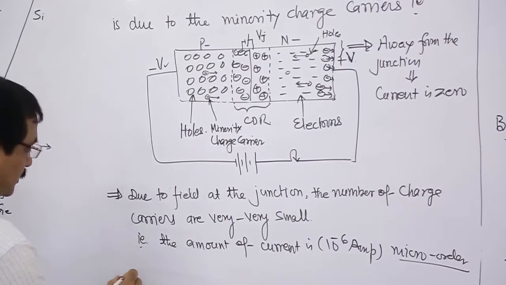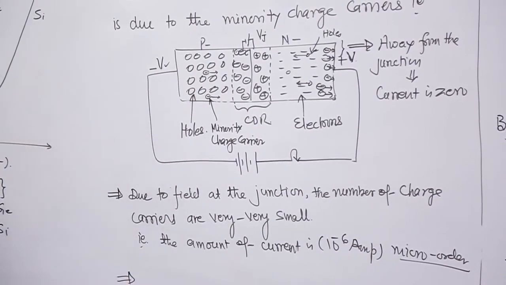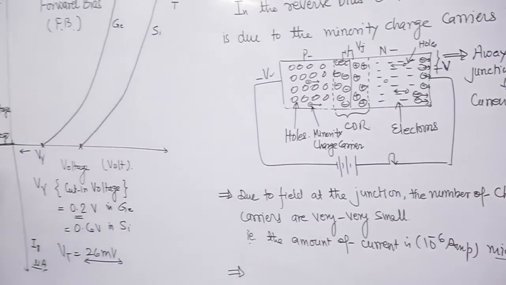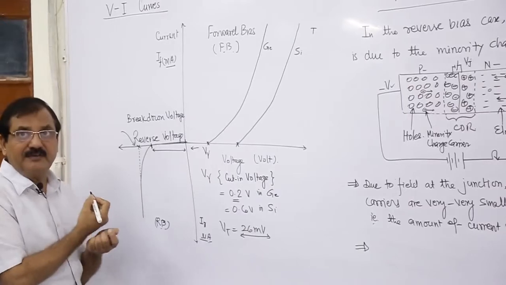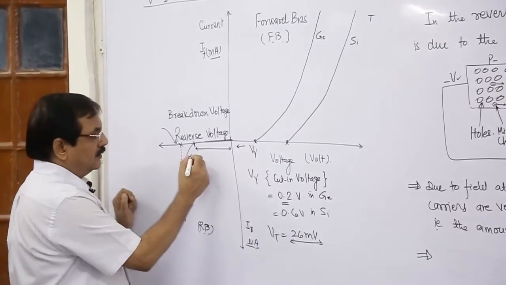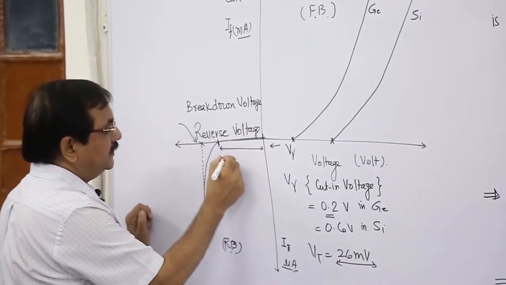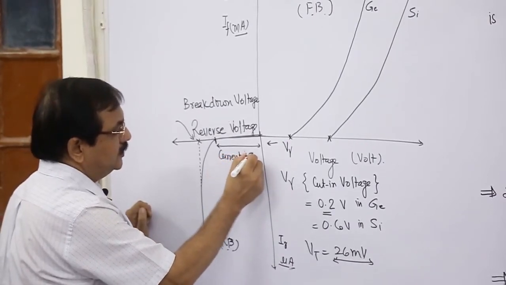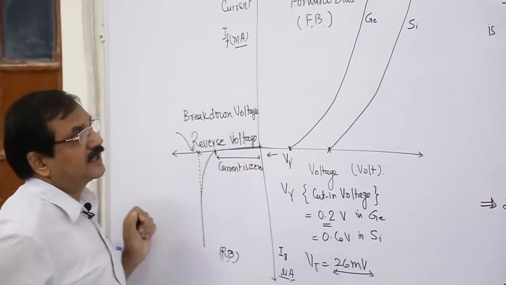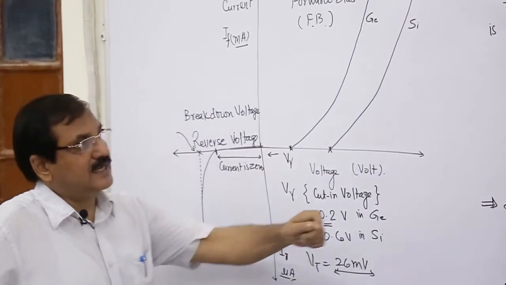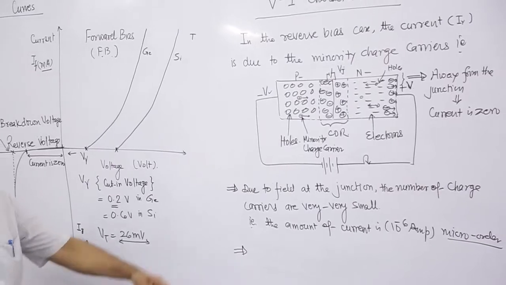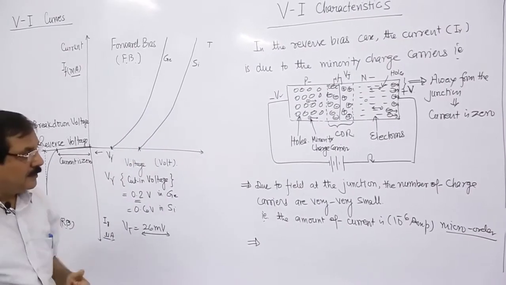And up to a certain region, up to this point in reverse bias, the current is 0, as it is indicated here. This current is 0 in this case.